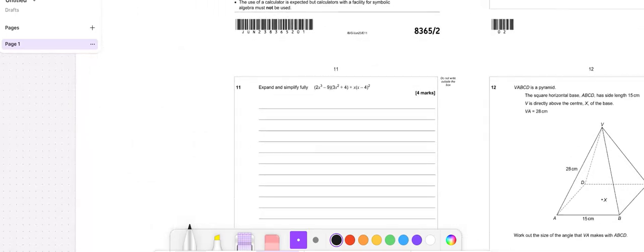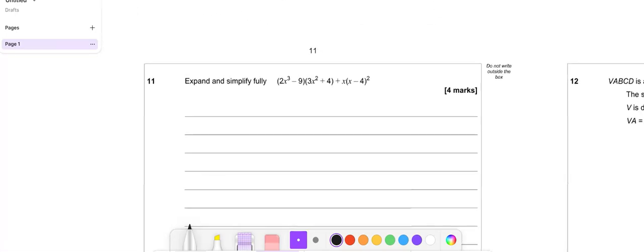Next one, question 11. Expand and fully simplify. Okay, so we've just got to multiply everything out.